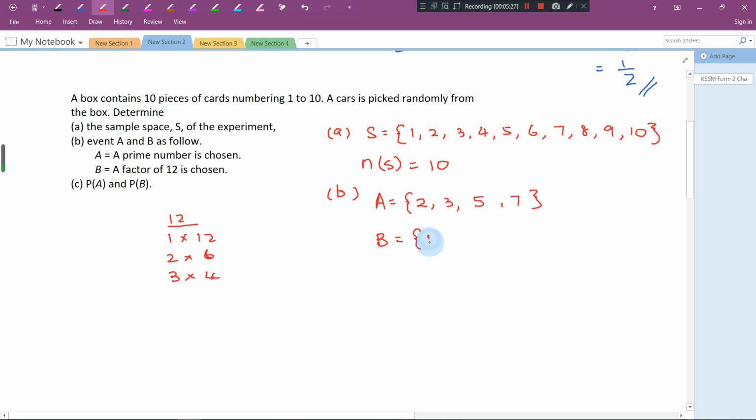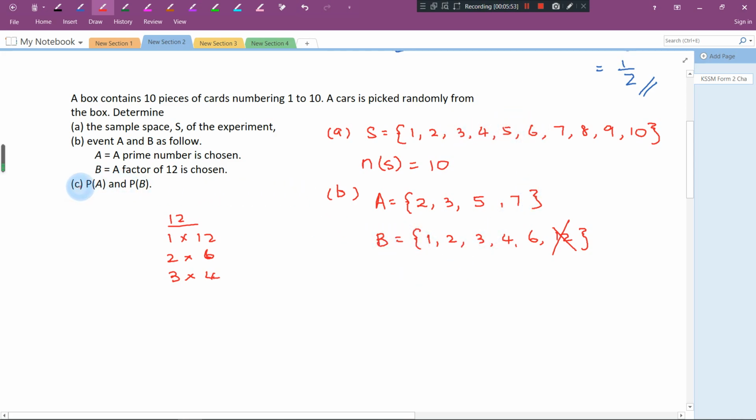If we write 1, 2, 3, 4, 6, and 12, this is not correct. Why? Because 12 is not inside the sample space. It's impossible for us to get the number 12, so we cannot include 12 here. We only have 1, 2, 3, 4, and 6.